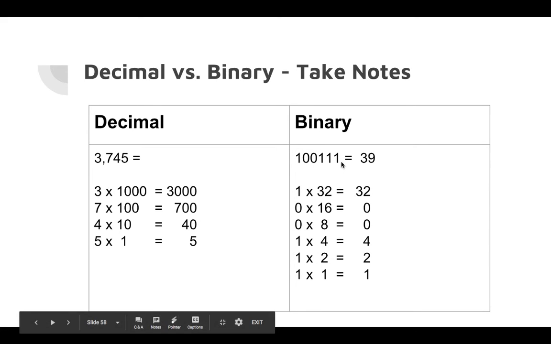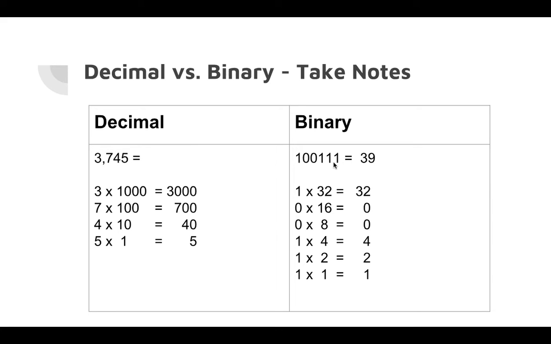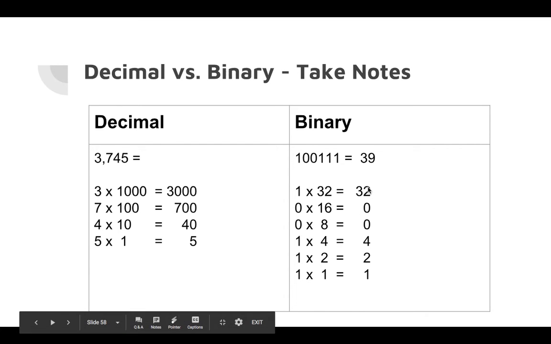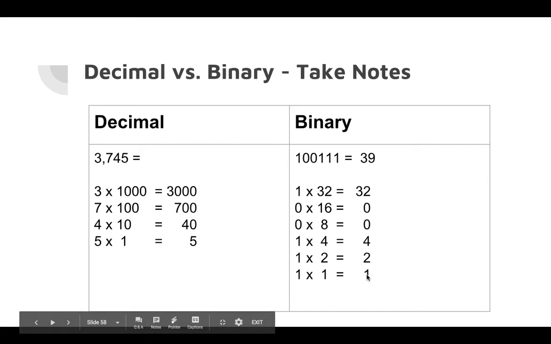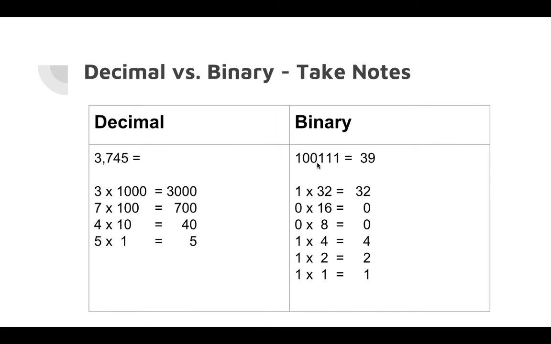So for example, here on the ones, we have a 1, a 2, a 4. We don't have an 8 or a 16, but we have a 32. So if we add these numbers up, wherever there's a 1, a 32 plus 4 plus 2 plus 1, we get 39. So 100111 is equal to 39.